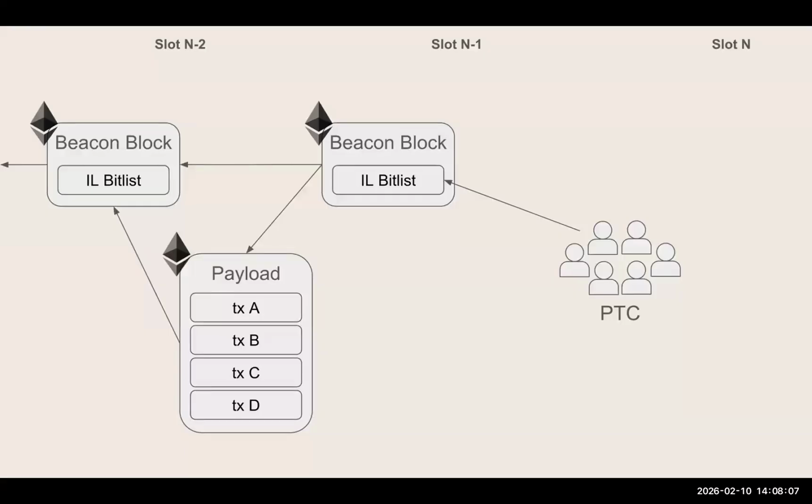This can happen when the ILs overlap, so the missing IL doesn't really add any new transaction. And this is not unlikely, especially when an IL is able to include most of the transactions in the public mempool. So my current proposal is to add the IL bitlist to the bid and let the PTC vote for inclusivity, but we don't use it in the fork choice. The IL bitlist itself is for informational purposes.